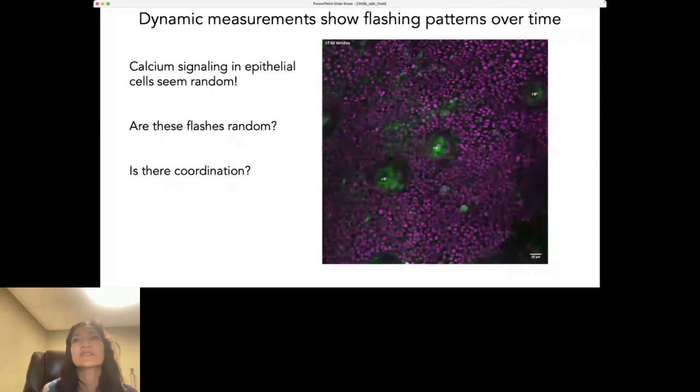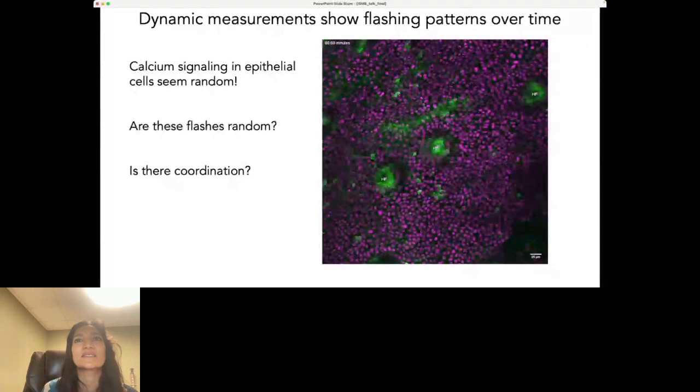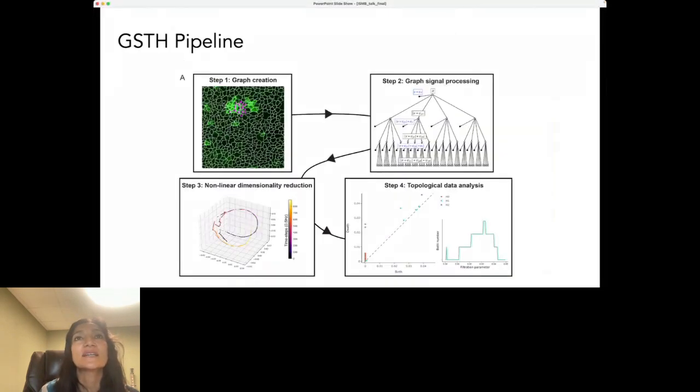So in order to really quantify and understand this, we started to build a pipeline for characterizing dynamics. Here we already have the dynamics, we want to characterize them. First, we create an adjacency graph from the physical adjacency. Then we do a bunch of graph signal processing, and I could explain what that is, to understand the pattern of signals at a single time point.